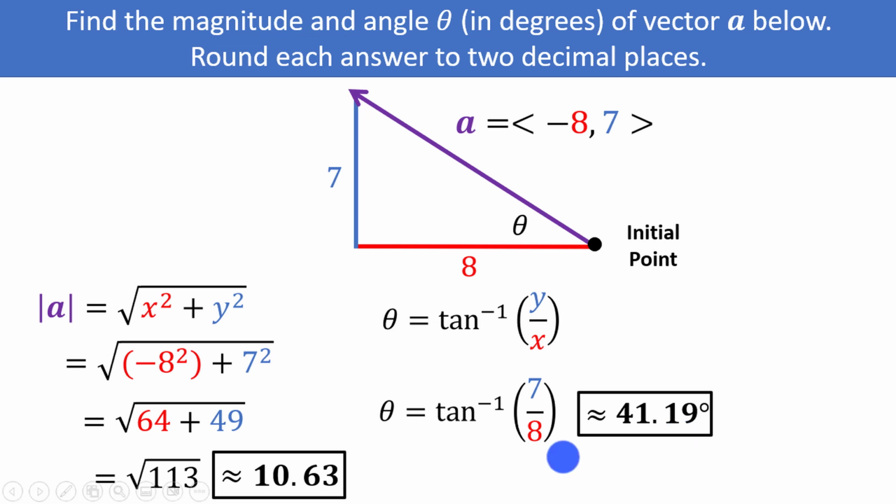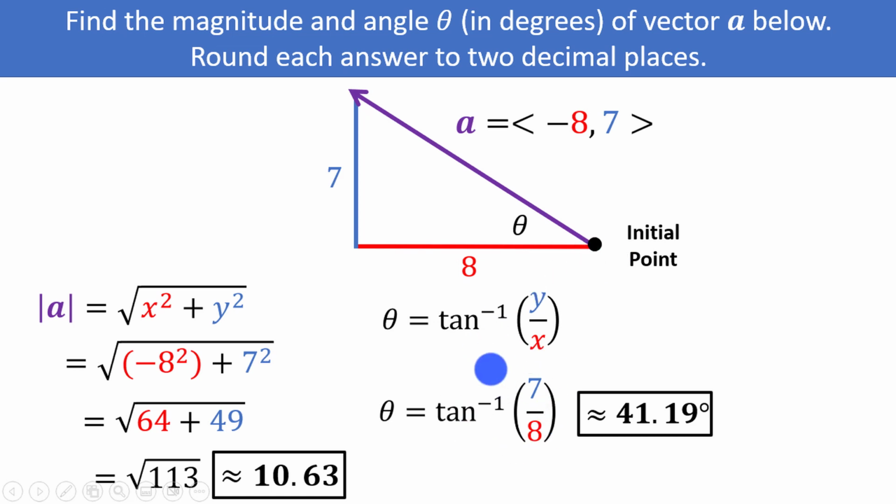Now, if instead of trying to find the interior angle of this triangle, we were trying to find the angle from the positive x-axis all the way to our vector, then things would get slightly more difficult. In that case, we should be indicating our x value as negative. So we would have the inverse tangent of 7 over negative 8. But as you can imagine, this triangle that we have created is in quadrant 2.